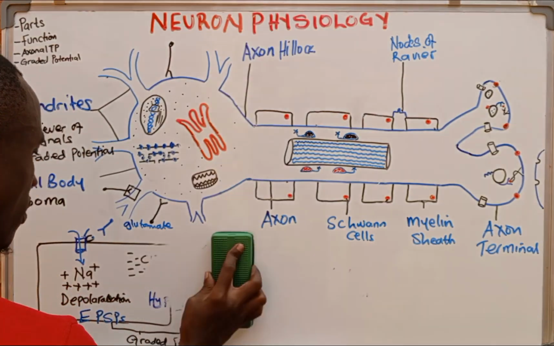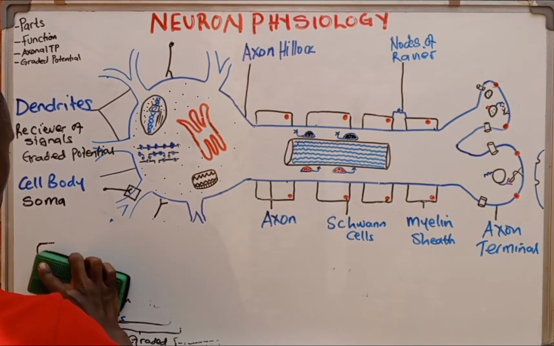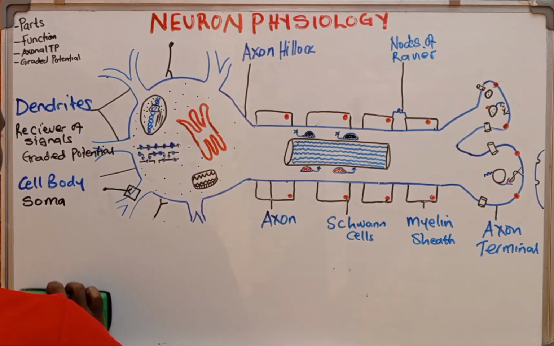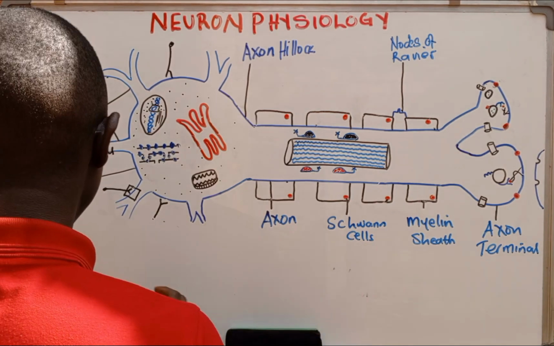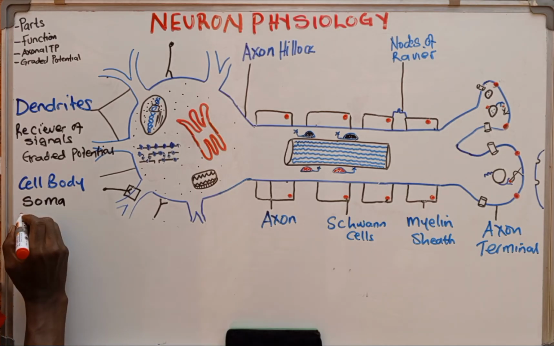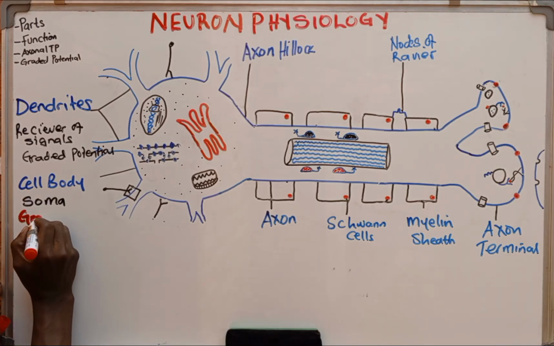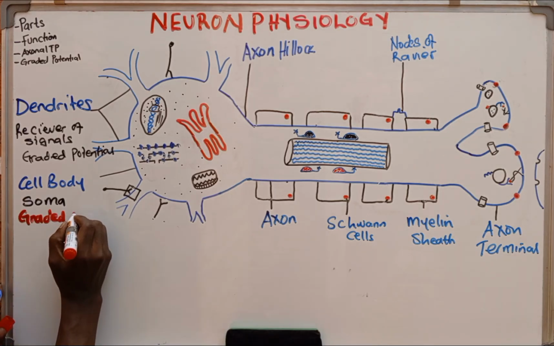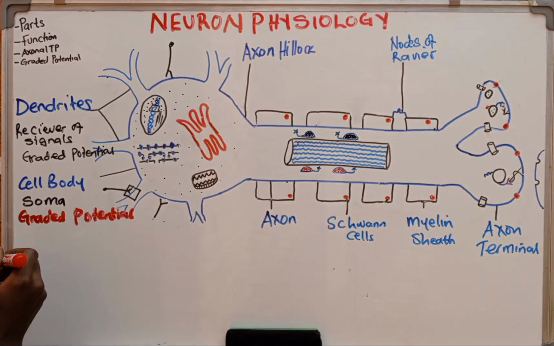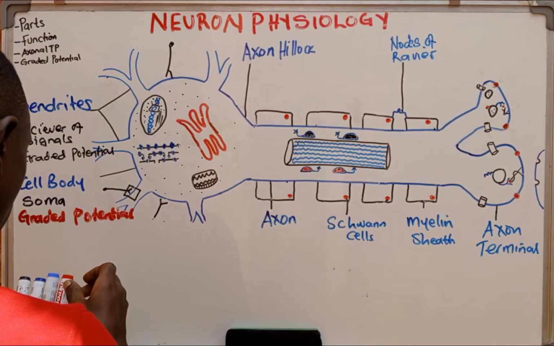So now we have seen how the dendrites generate the graded potential. Again, we have said that even the cell body has the ability to generate graded potential.